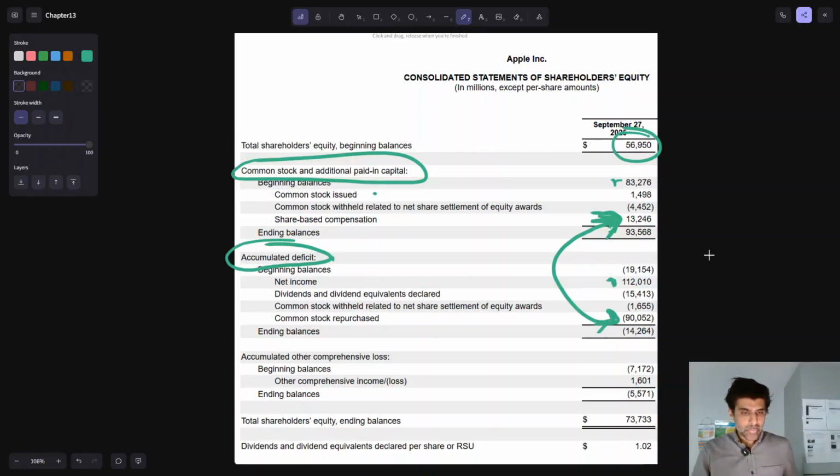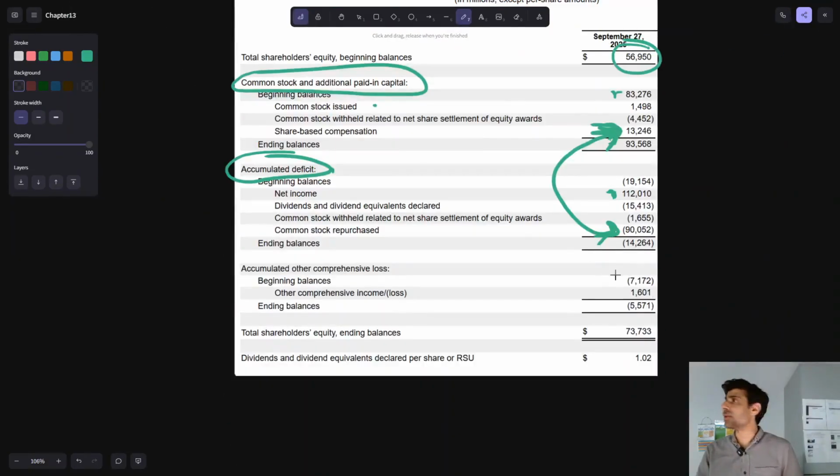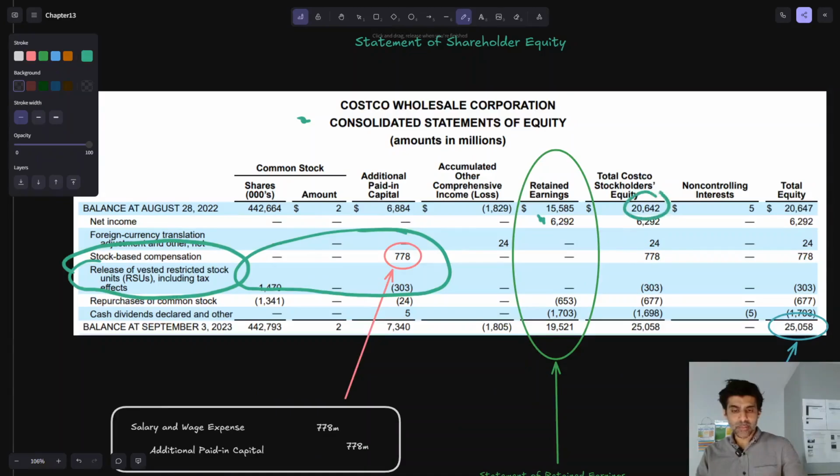So this is just another format. I just wanted to show you it's the same statement, just presented a little differently. But it's basically going from beginning balance of equity to ending balance of equity, just like this one.